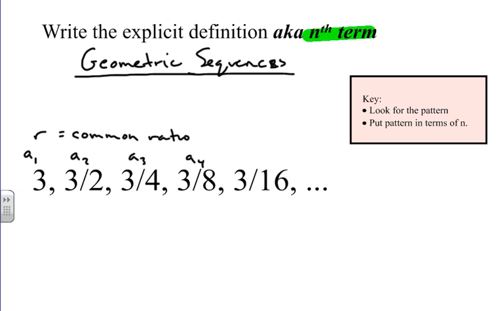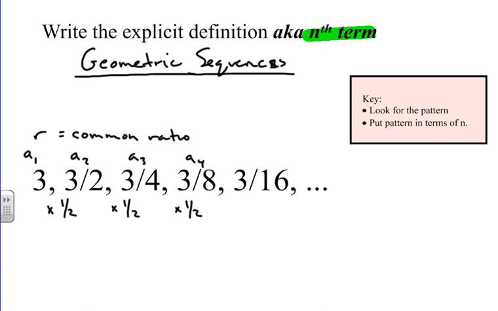If you notice, to find the second term, it appears that we are multiplying by 1/2. To find the third term we are multiplying by 1/2 again, because we got 3/4. And to find the fourth term, it appears that we are multiplying by 1/2 again.